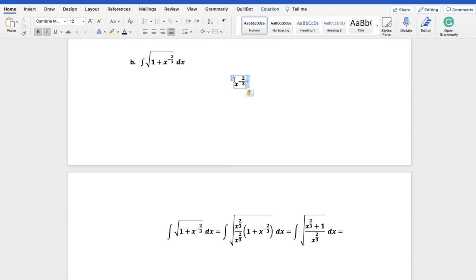So x to the negative 2 over 3 multiplied by x to the 2 over 3 is equal to x to the negative 2 over 3 plus 2 over 3, which is just 0, right? So it's x to the 0, which is equal to 1.